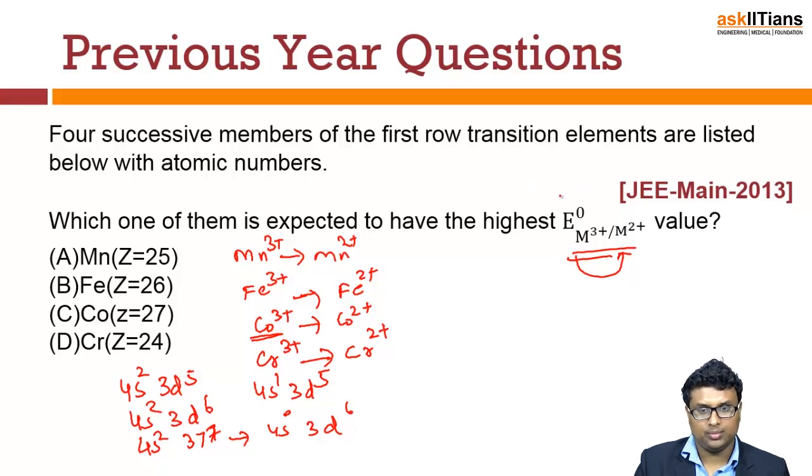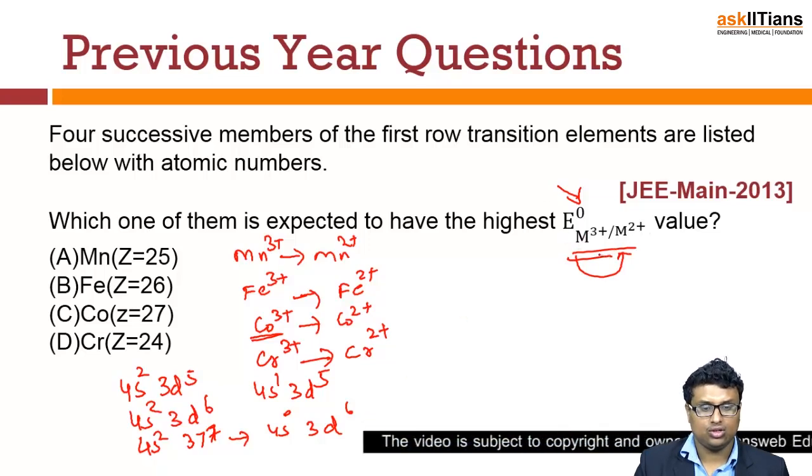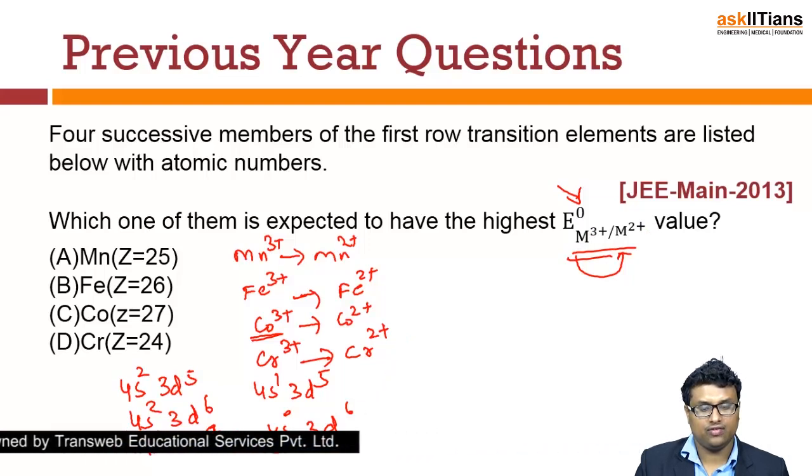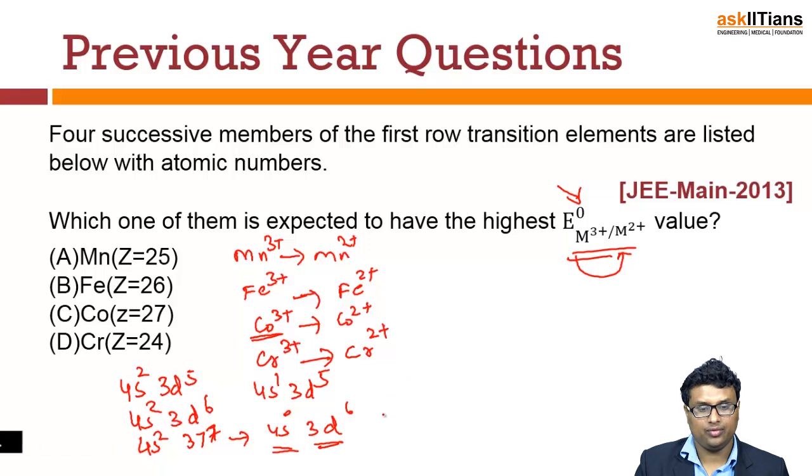So what you are expected to have is the highest reduction value. The interesting thing to know is that since reduction is taking place, you are adding an electron, so you are getting 4s0 3d6 configuration, and for cobalt 2+ it will be 4s0 3d7 configuration, right?